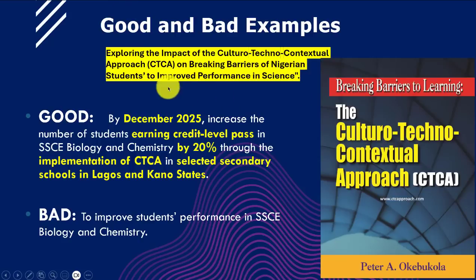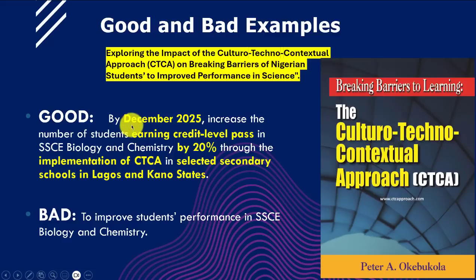So let me give you an example from my study. The one I'm going to be proposing, actually won several grants on this one, several. Exploring the impact of this. I read it out before. And this my book, 2020 book, I have a website that has details of all our studies related to this approach for breaking barriers to learning.